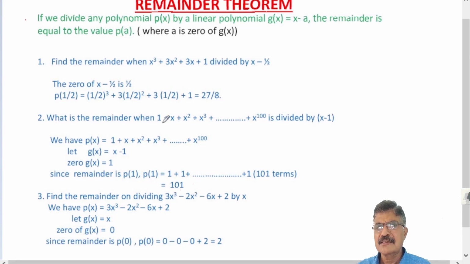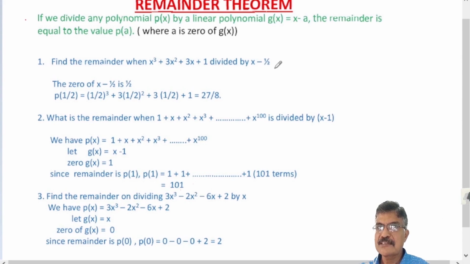Let us take an example. Find the remainder when x cube plus 3x square plus 3x plus 1, a cubic polynomial, is divided by x minus 1 by 2. Here we concentrate only on division by a linear polynomial, not higher degree polynomials. p(x) is x cube plus 3x square plus 3x plus 1, and g(x) is x minus 1 by 2.